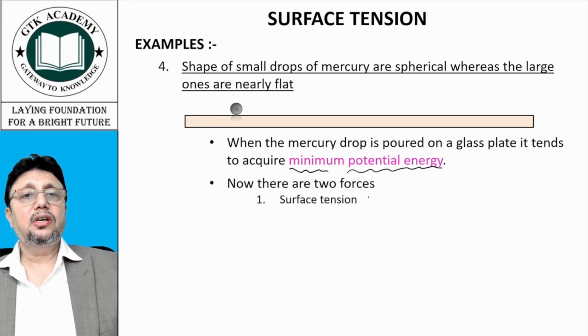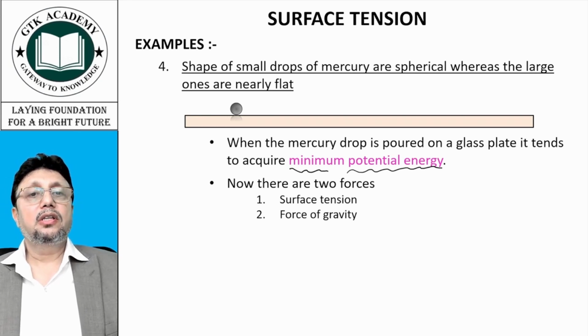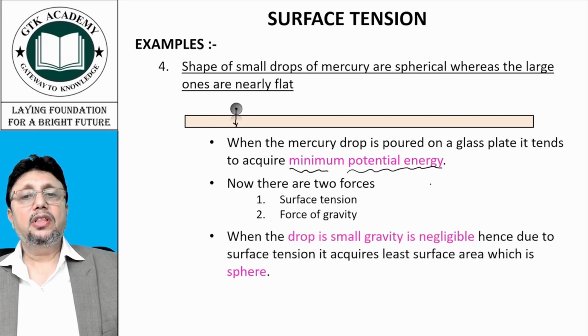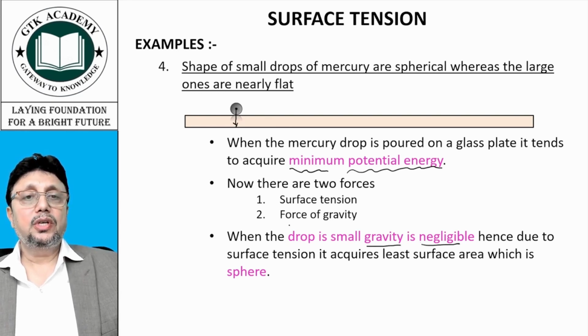One is surface tension, which tries to have minimum surface, and the other is the force of gravity, which is the weight. Probably it acts from this point downwards. Now, what will happen when the drop is small? The gravity is negligible. Hence, due to surface tension, it acquires least surface area, which is nearly a sphere.